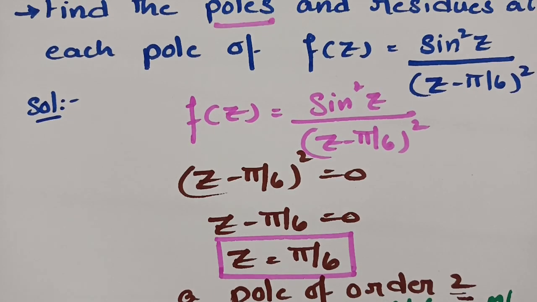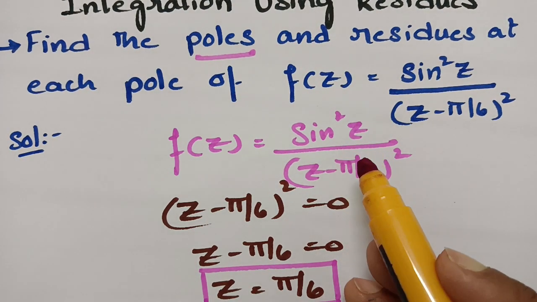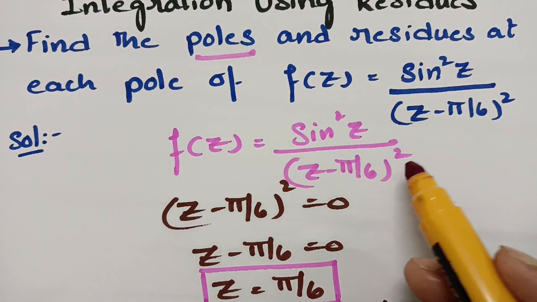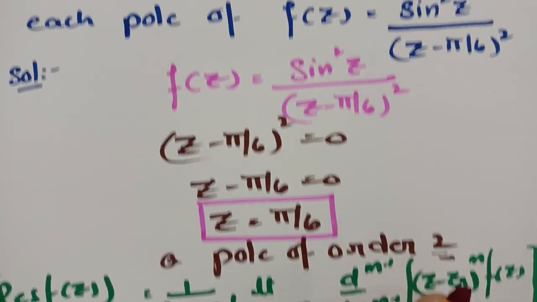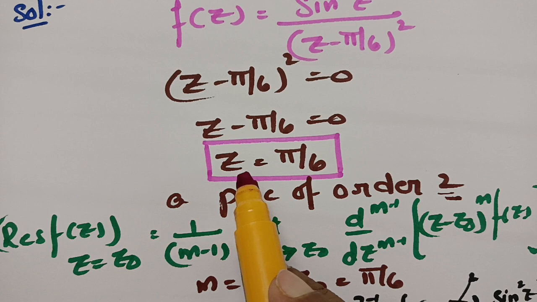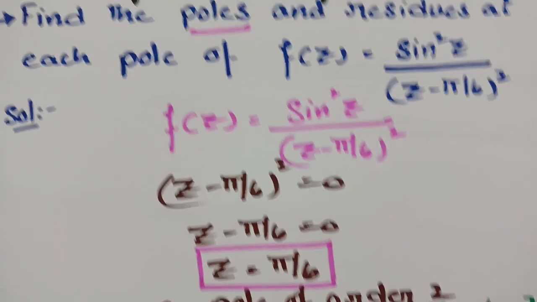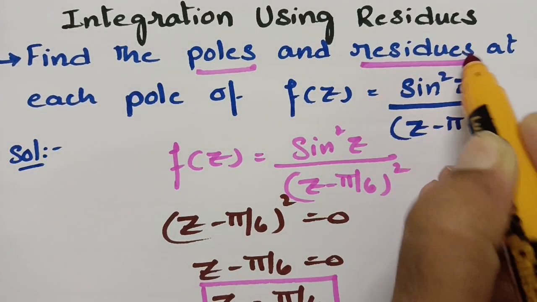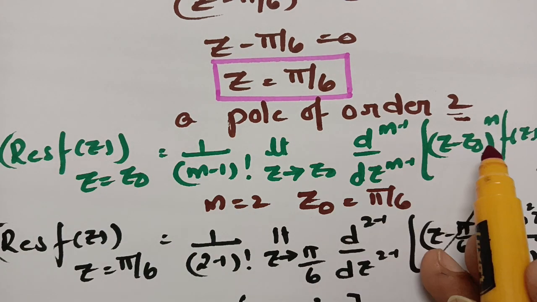Let me explain this once more, this is also very important. F of z is equal to sine square z by (z minus pi by 6) whole square. In order to find the poles, we have to equate the denominator to 0, and here we got the pole value z is equal to pi by 6, which is a pole of order 2. Next we have to find the residues for the corresponding poles. So here is the formula for finding the residue.